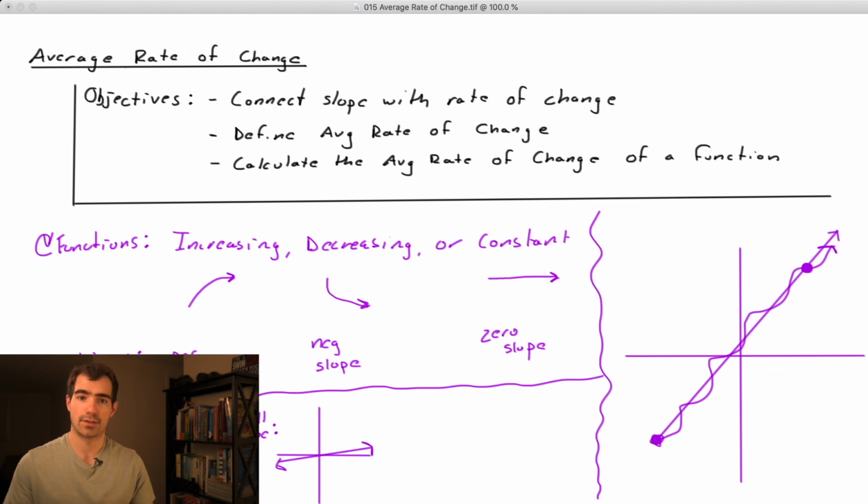And that line, just like all of the linear functions we've talked about previously, has a slope, has a rate of change. We can utilize that line's rate of change to give us some sense of, on average, how much this function is changing. And that's what we'll explore in this video.